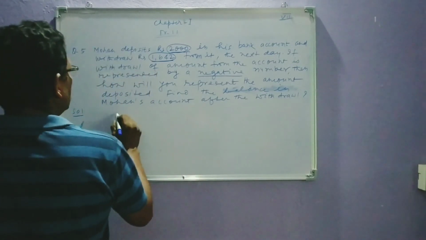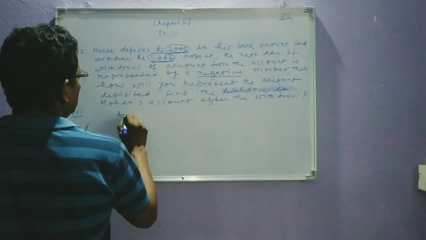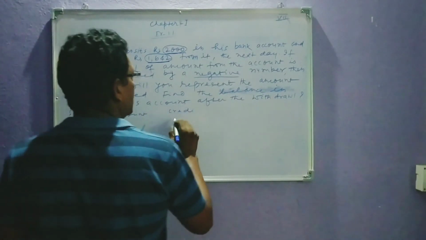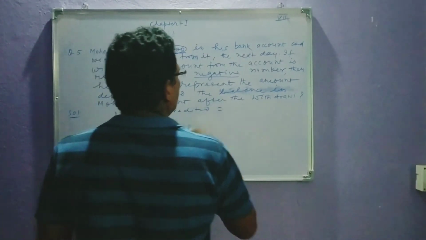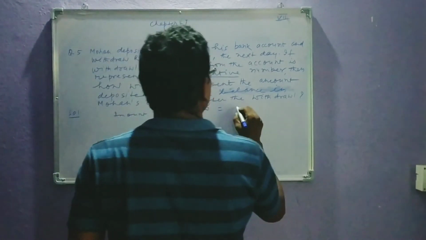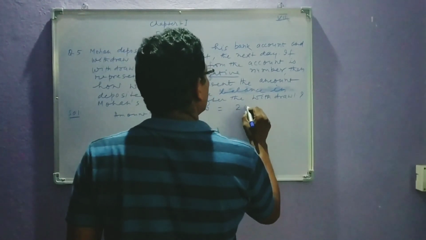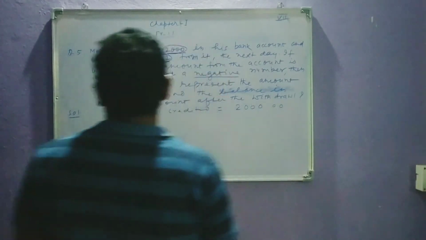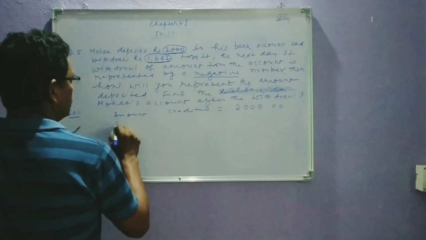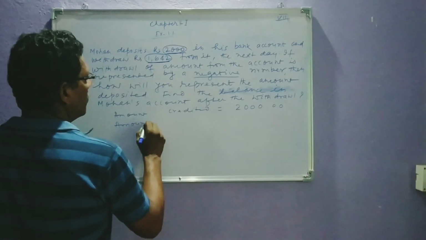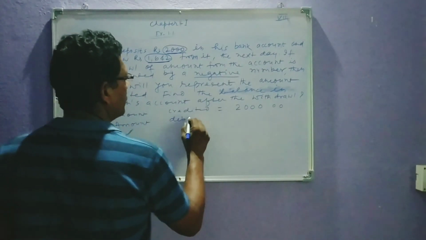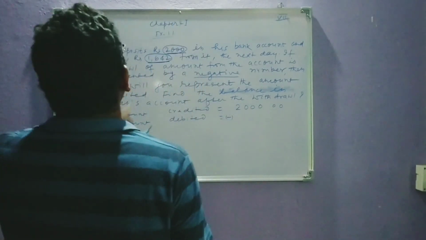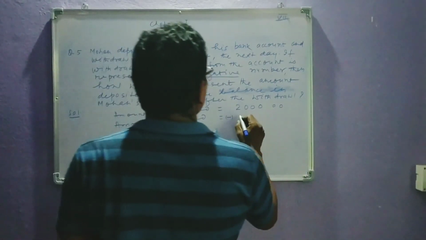So first, amount credited, 2000. Amount debited, minus 1642.